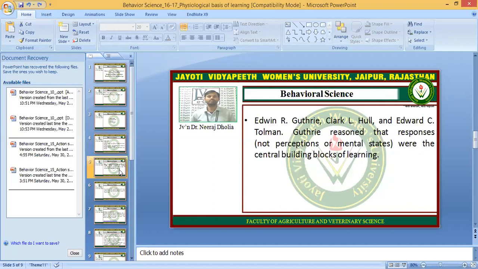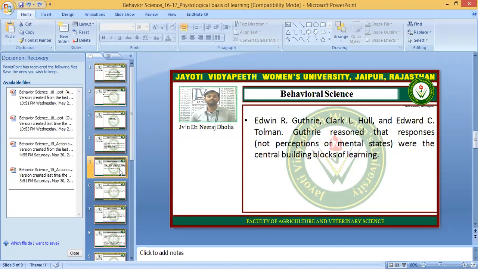The mentioned authors reasoned that responses were the central building blocks of learning. They have described that the basic building block of learning is the response, not the perceptions or the mental status.